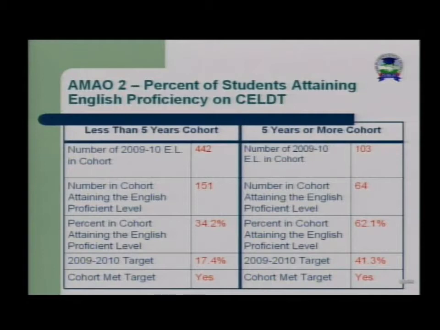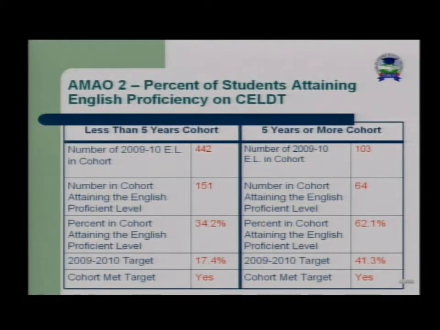AMAO2 has changed slightly. You see that there's a chart there that's divided into two. We have a cohort of students who have been in the program for 5 years or more, and then there's a cohort of students who have been in less than 5 years. AMAO2 measures the extent to which ELs are attaining the English proficiency levels on CELDT.